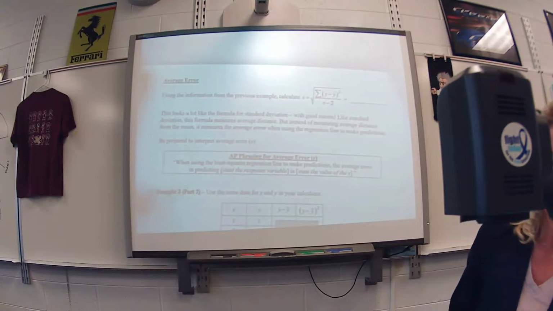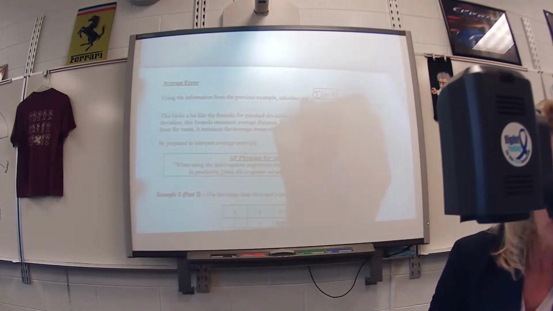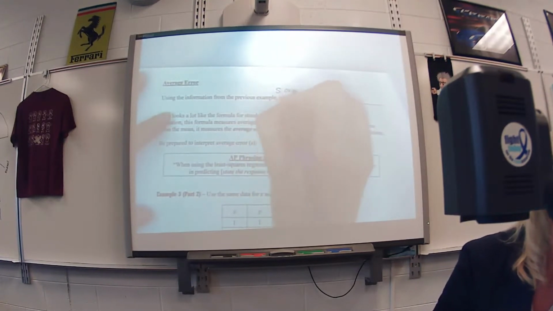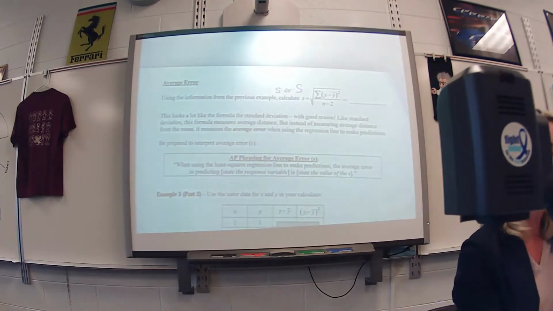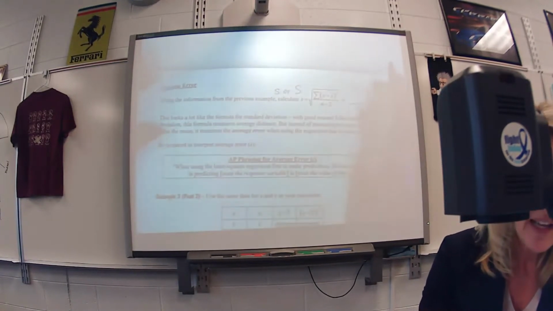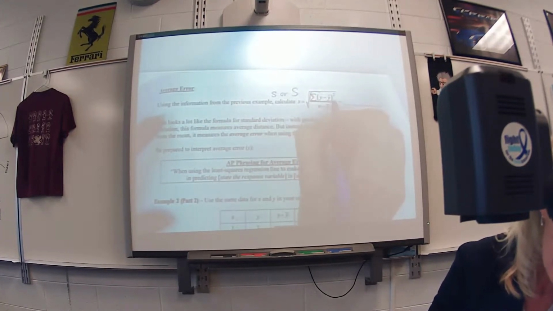before we move off of this, we calculate average error. Now, your book uses lowercase s. Minitab will use a capital S. Whether it's s or capital S, they're used interchangeably, very confusing, but whatever. But what we did when we got that 5.1, we did this math right here.